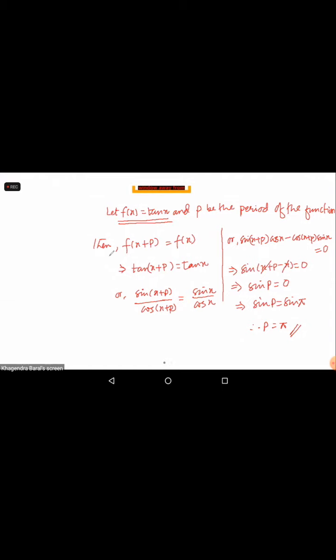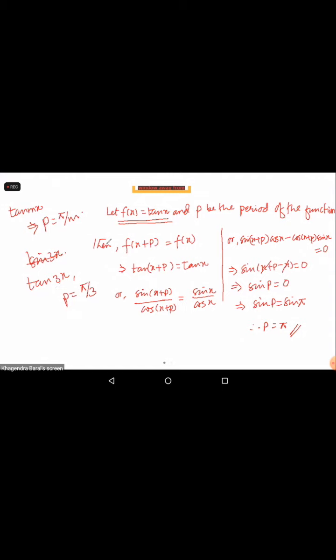त्यसबाट f of x is equal to tan mx भयो भने कति हुन्छ हेरौं त. tan mx को period भयो भने similarly you can say that its period p is equal to pi by m. tan 3x को period खोज्नु पर्यो भने the period of tan 3x is p is equal to pi by 3. tan x को period जसरी निकाले हामीले cot x को period पनि त्यसरी नै निकाल्छौं.